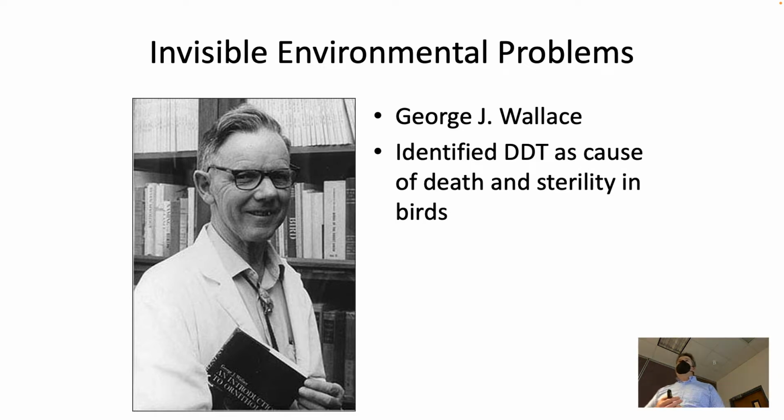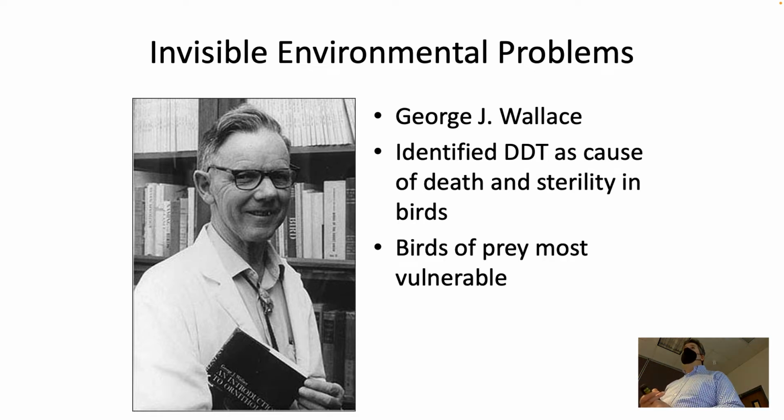So the females would have very thin eggshells, the males would often be sterile, and there was complete failure of nesting in birds, especially birds of prey, because remember when we talked about trophic levels, they were at the top of the food chain, and they had massive accumulations of DDT in their system.